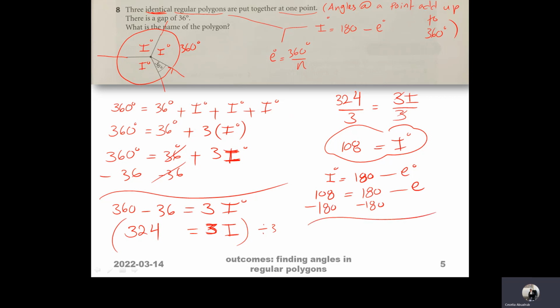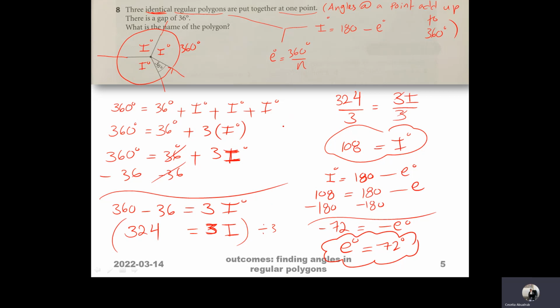So 108 minus 180 will come down to negative 72 is equal to negative E. There is no angle that has a negative sign. So E is equal to 72 degrees.